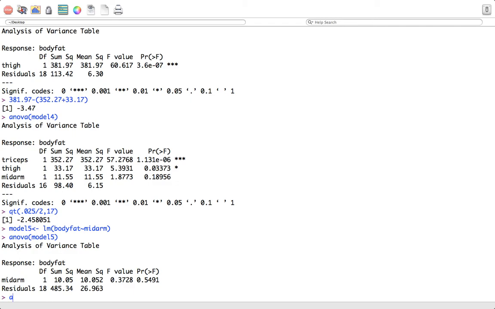Now I want to look at the ANOVA for the model, so what do I want here? Let's see, I want to add x1 and x2 to this. So I just want the full-on model, don't I? I want model 4.